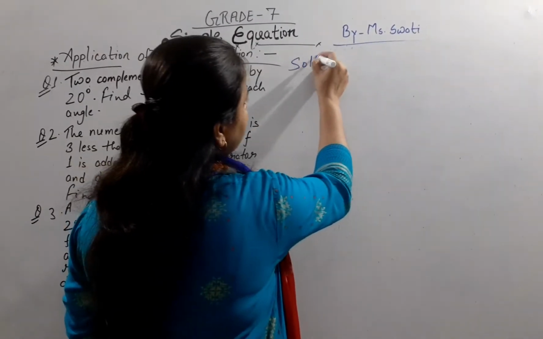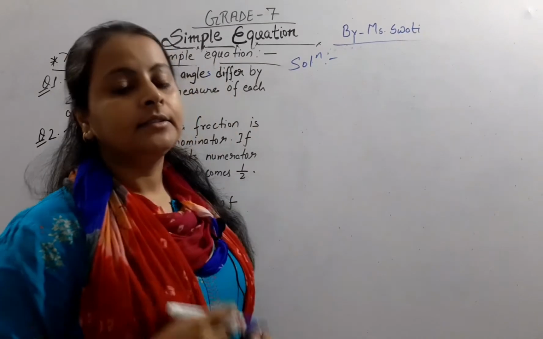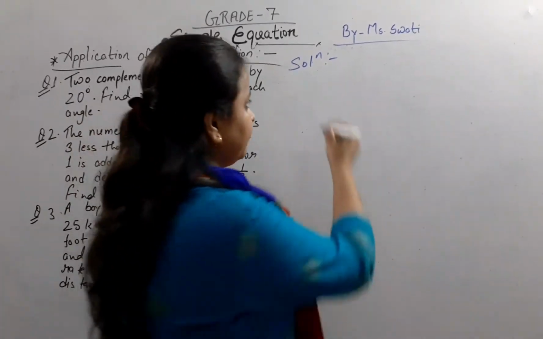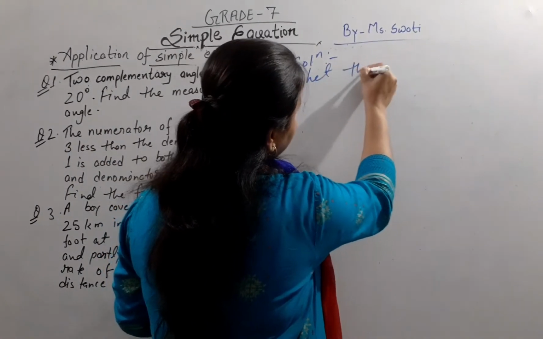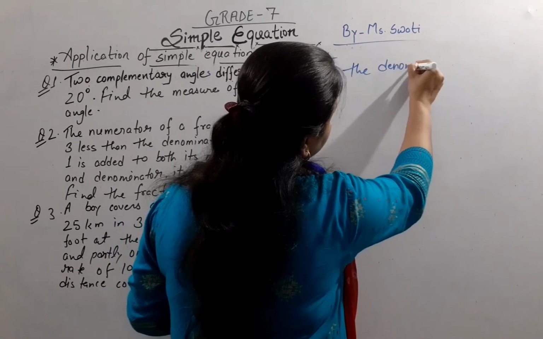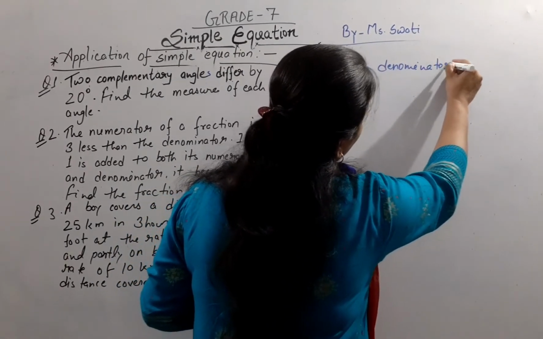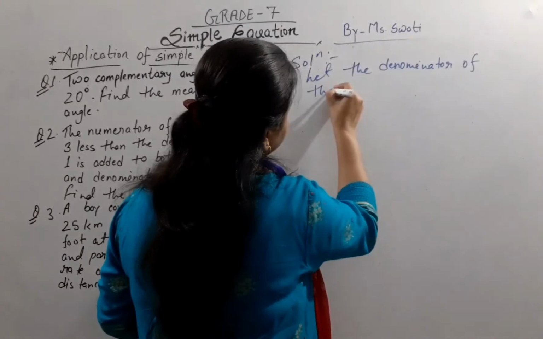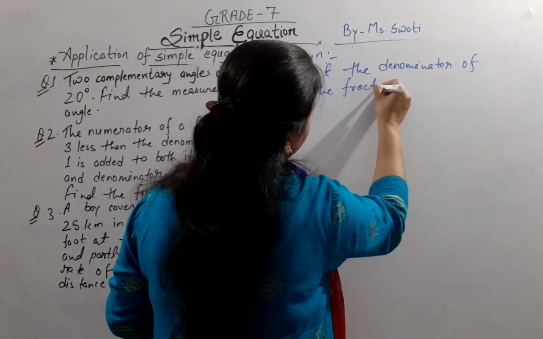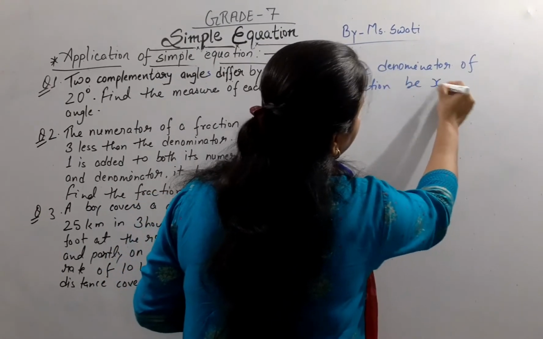So what do we do first? First we suppose that the denominator of the fraction be x.